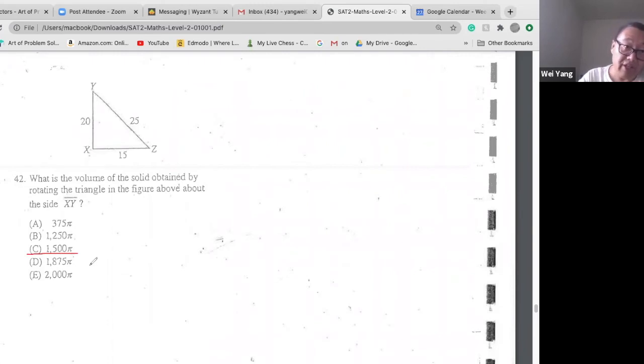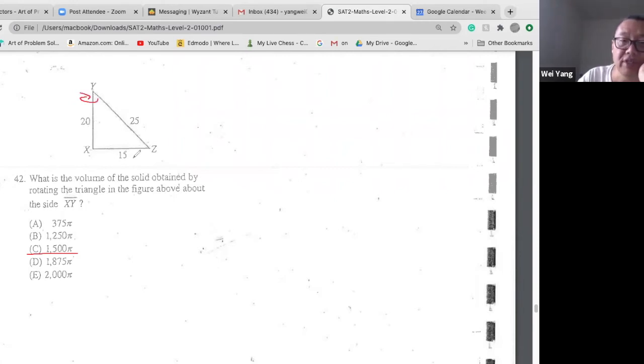In this right triangle, what is the volume of the solid obtained by rotating the triangle in the figure above about the side XY? If you rotate it this way, you get a cone.